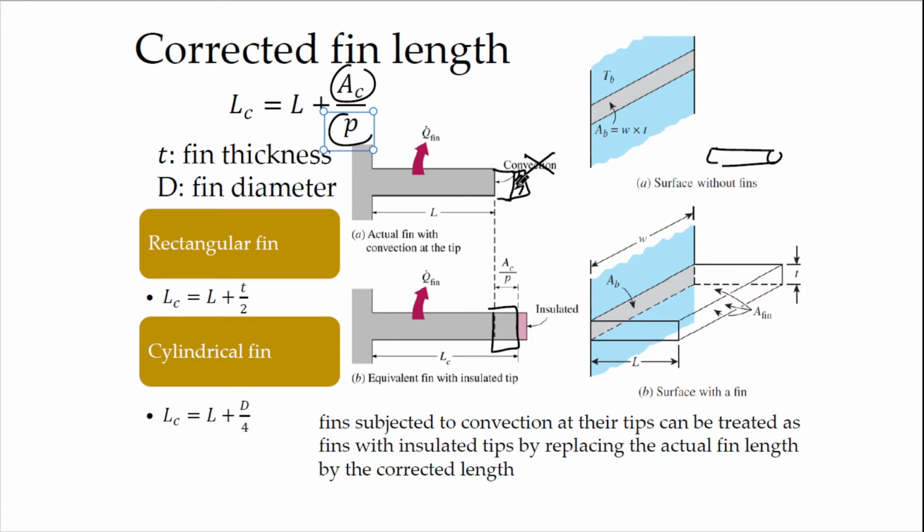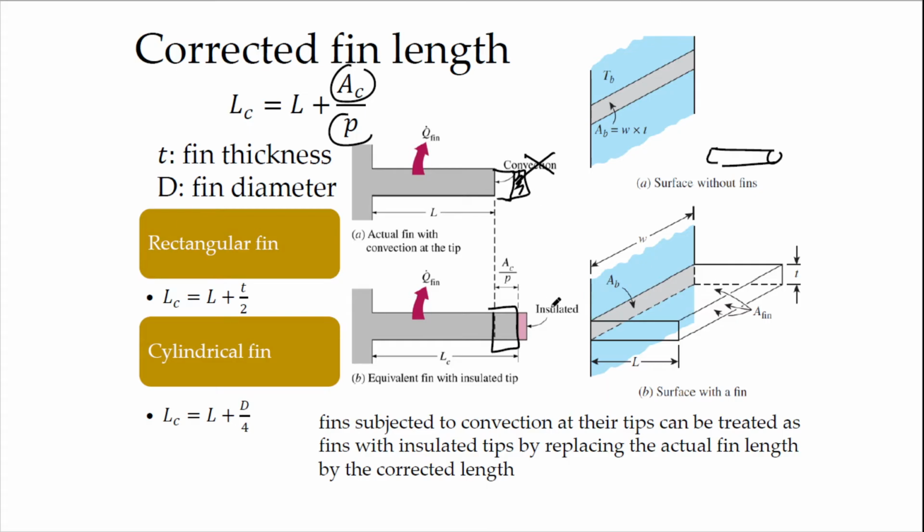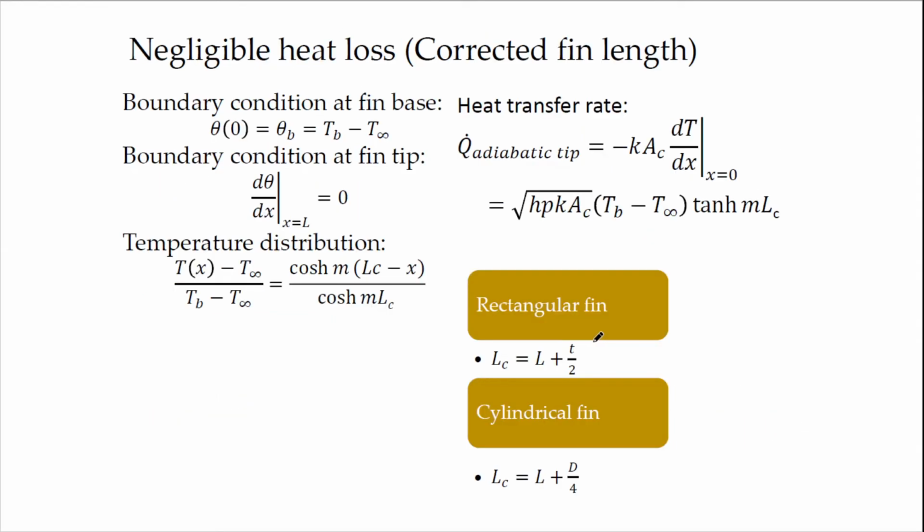If you want to use the long equation for convection, no problem, go ahead. It's not the wrong way. But if you don't want to deal with this, you can change your convection to insulated, remembering to add this part, and use the equation for insulated. This is the temperature profile, and this is the heat transfer rate.